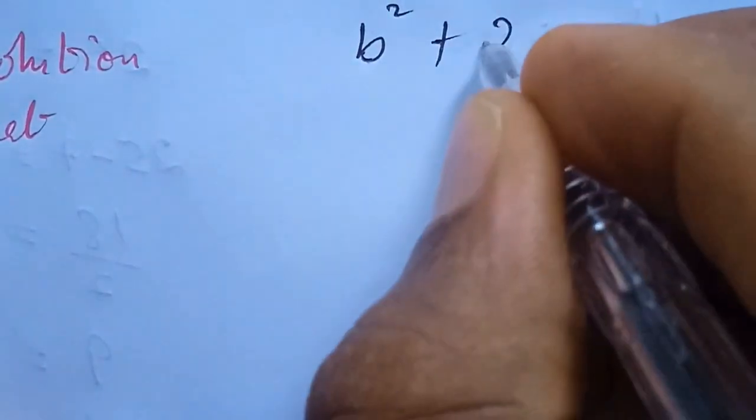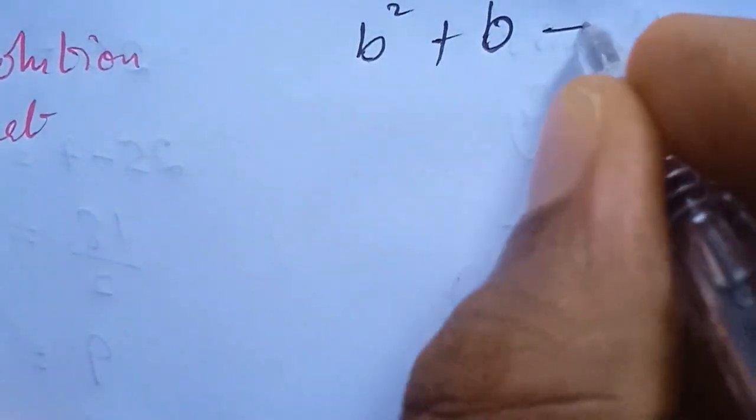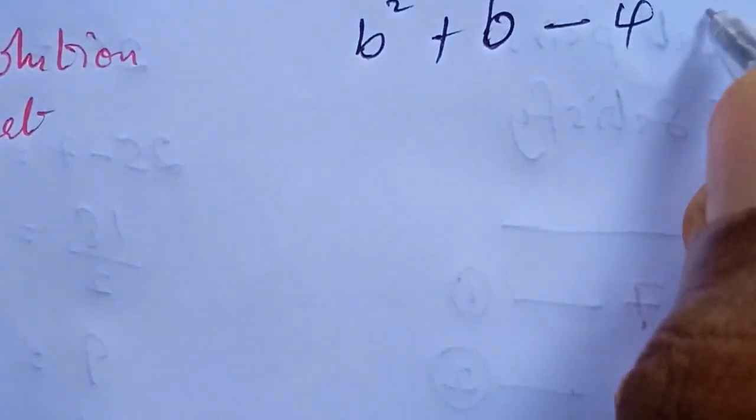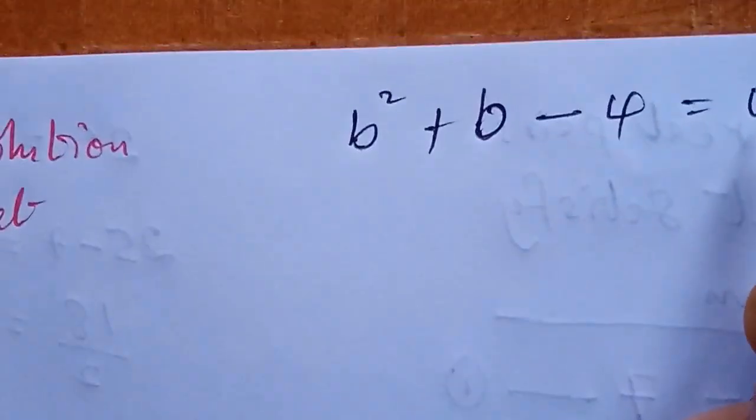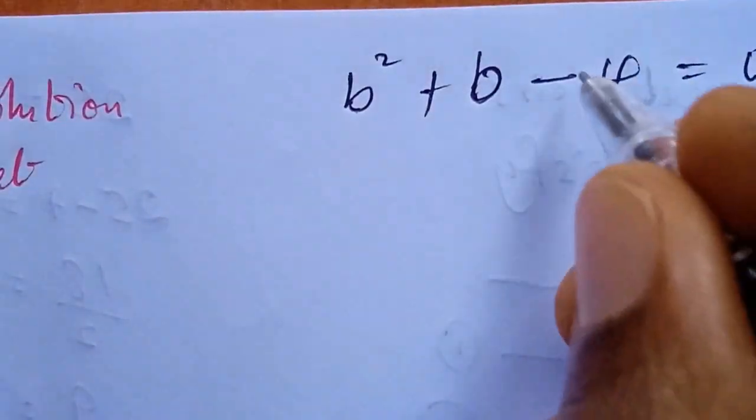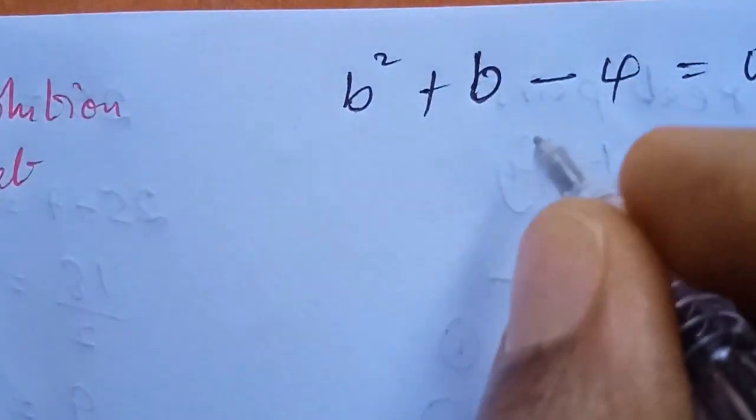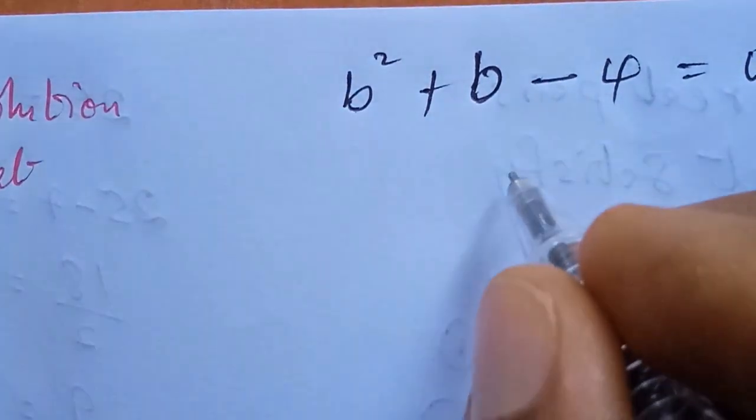So we solve the quadratic equation, which is b squared plus b minus 4 equal to 0. We solve this quadratic equation with our quadratic formula.